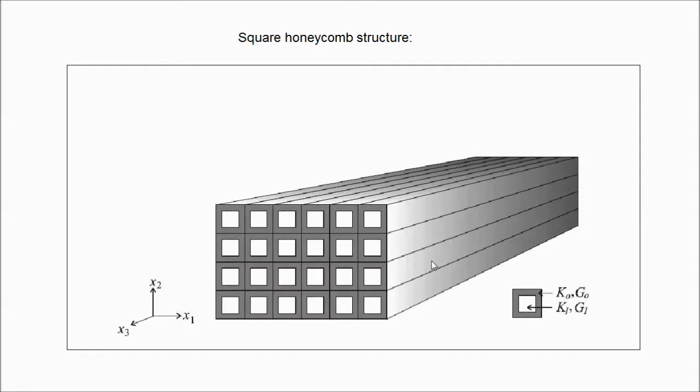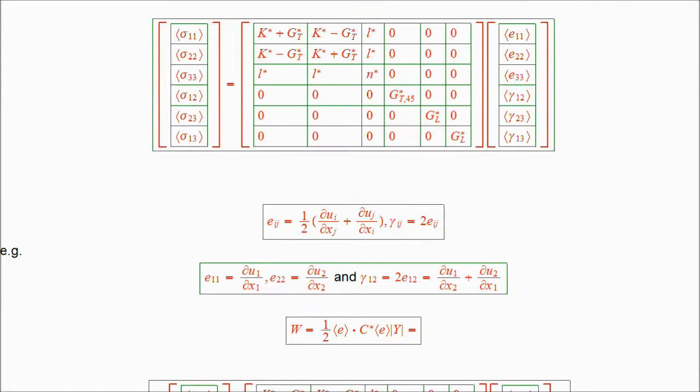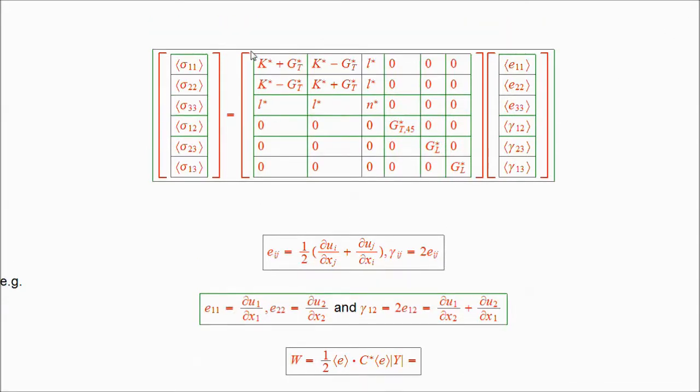materials. For such a structure, we know that we have the following average strain stress relation. Here we have the effective bulk modulus, the effective transversal shear modulus. We'll also have G45 star. This is another shear modulus in another direction.